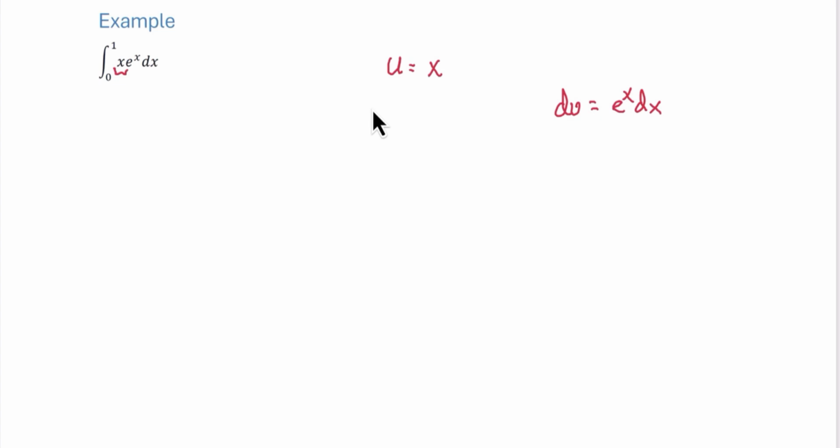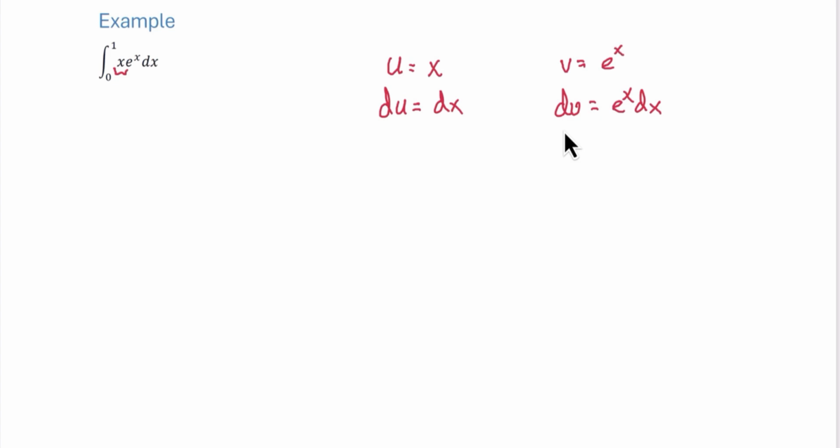Now focusing on u, we want to find du, its derivative. The derivative of x is 1 dx, or simply dx. And then focusing on dv, we want to integrate it to find v. The integral of e to the x is e to the x.